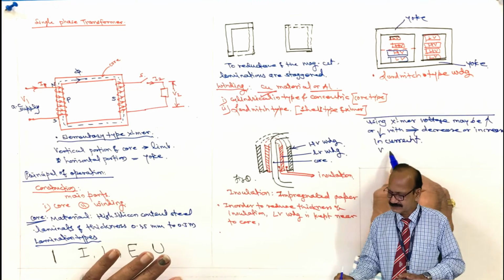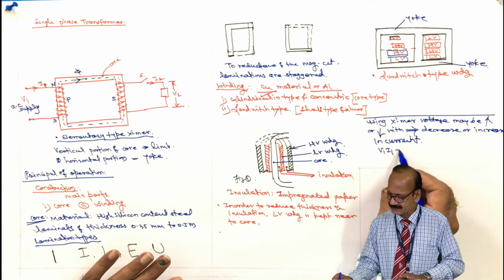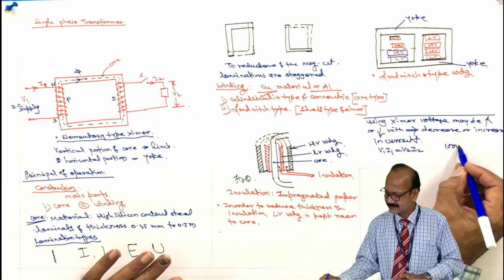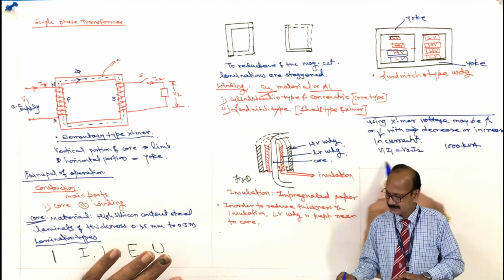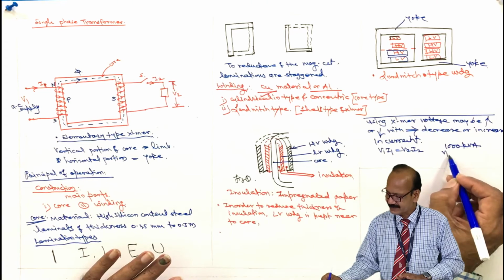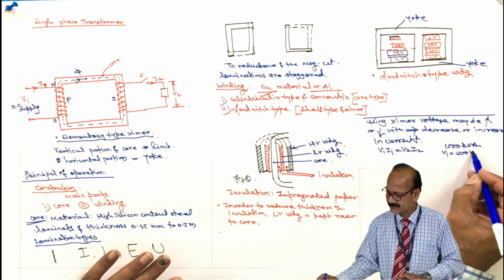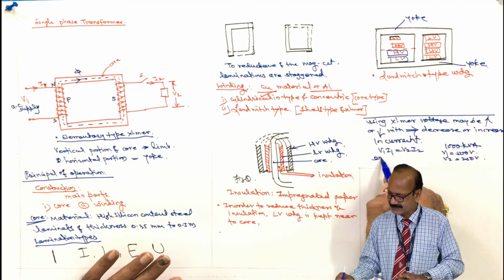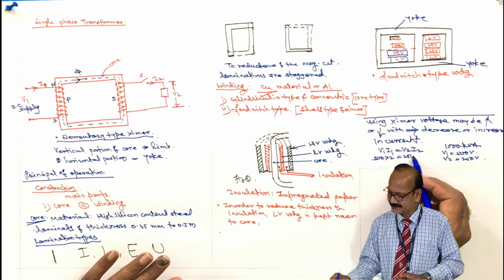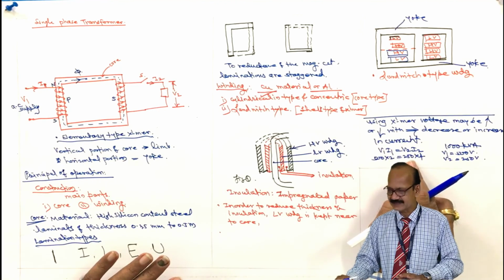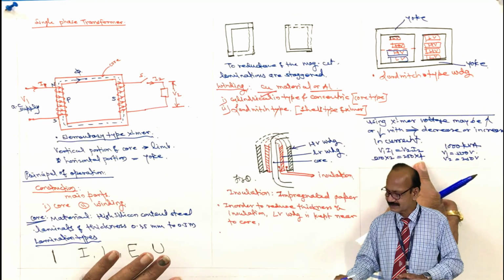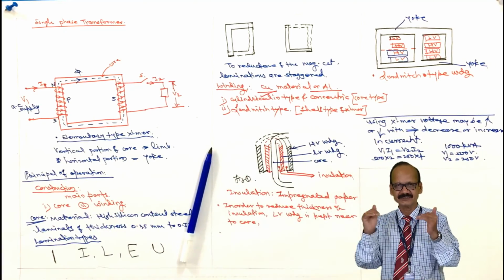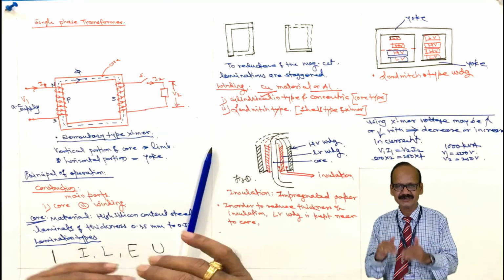That means, if V1 I1 equals V2 I2, say the rating is 1000 kVA, and V1 is say 500 volt, V2 is say 250 volt. So obviously 500 into 2 equals 250 into 4. Here the voltage is decreased, less voltage, more current. More voltage, less current. So using the transformer, voltage may be stepped up or stepped down with corresponding decrease or increase in current.